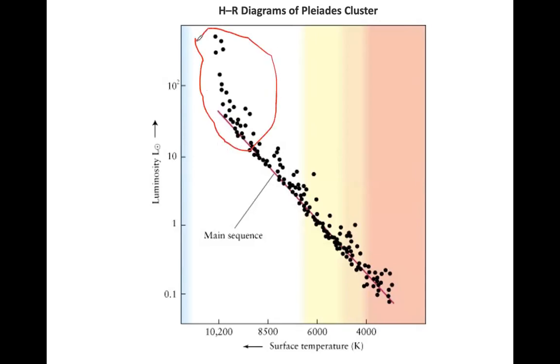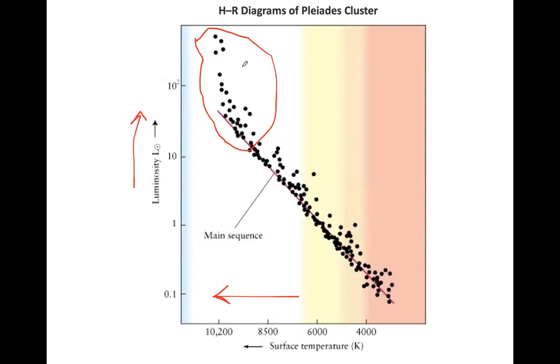So what that means is their temperature is higher, and you can see because the temperature increases towards this direction and luminosity increases towards this direction, their temperature and luminosity are higher. And also there is another property that we discussed about these O and B type stars.